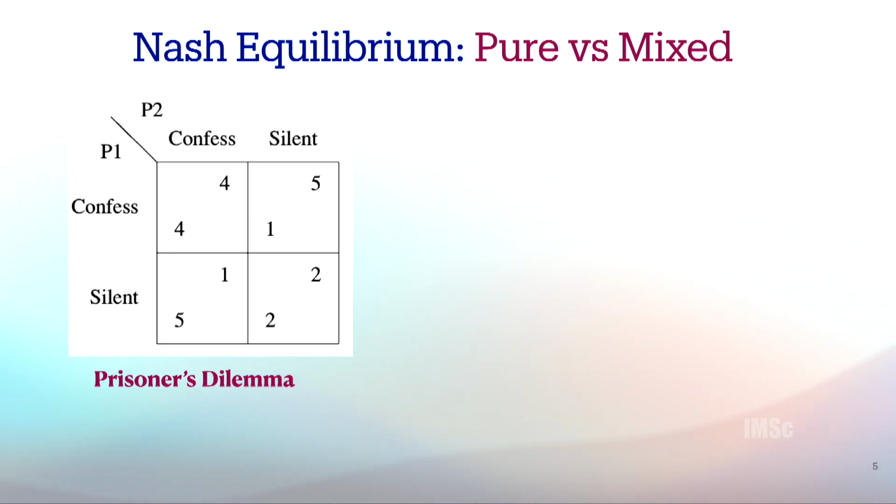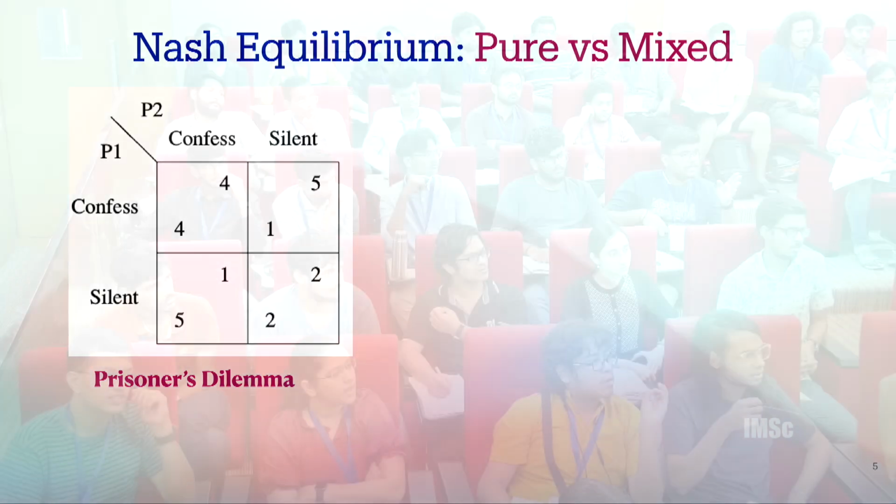What about both remaining silent? One of them can just confess and reduce his payoff, his number of years, the cost. So if both are silent, this guy switches to confess and then gets a better payoff. So this is not a Nash equilibrium.